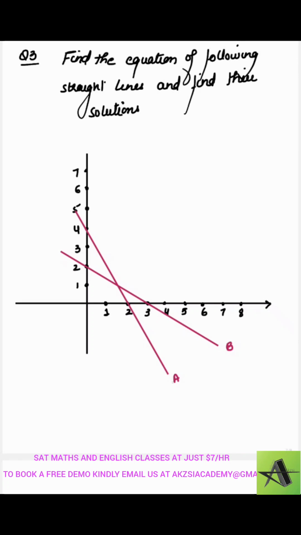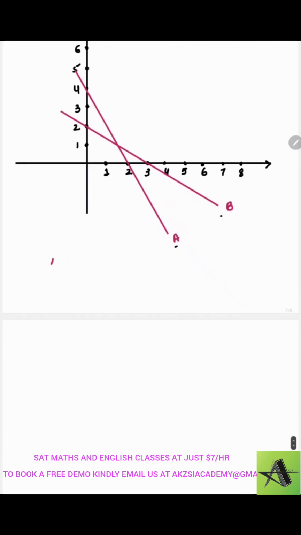They have given line A and B. So let me start with finding A. Whenever you're finding the equation of any straight line, it always starts with writing the standard equation or slope form equation, y is equal to mx plus c.